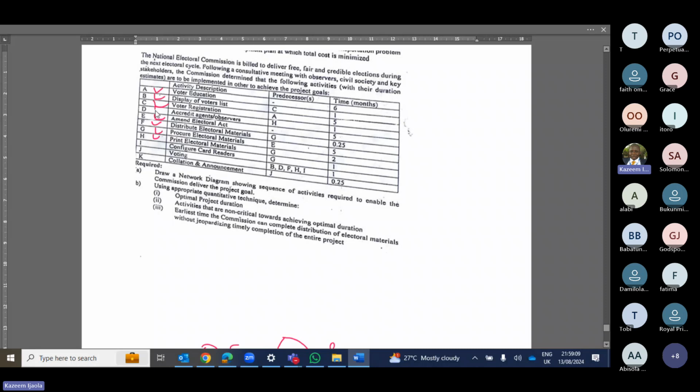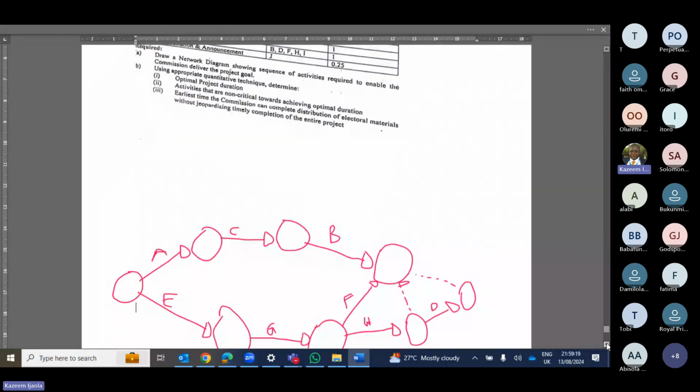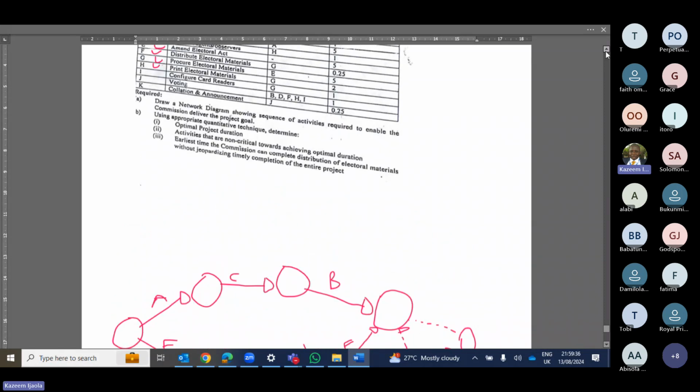Now, what's the next thing? I need to do I. My I is from G. Where is G? And remember, I is also going to the same place. This is my G. I cannot draw I straight forward like this at all. So what I will do, I will just draw I here. Is I also leading to something?